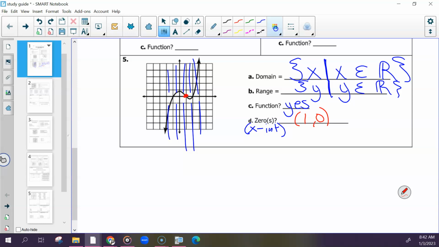Are there any others? -1. And then Jada.